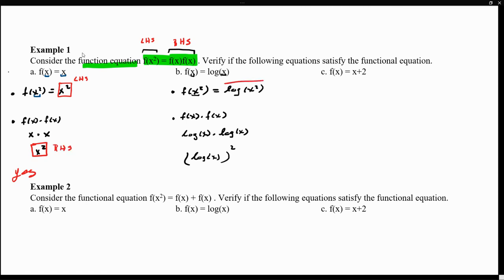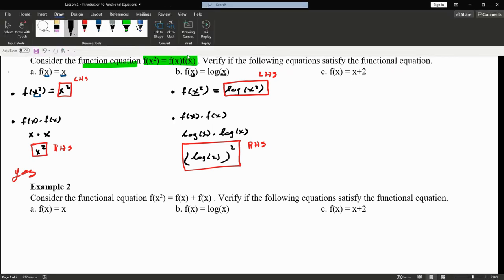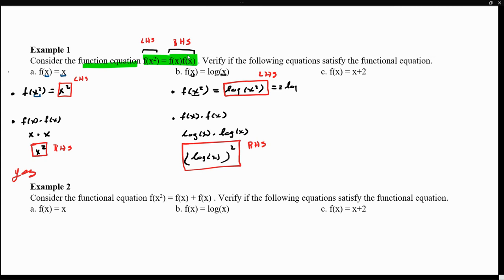So now what we want to know is, is the left-hand side equal to the right-hand side? Just be careful here, because the rule of log says that if the exponent is inside the log, which in this case is true, we can bring the exponent to the front. So this we can write as 2 log of x. But notice that we cannot do that here, because this 2 is an exponent of the whole expression.